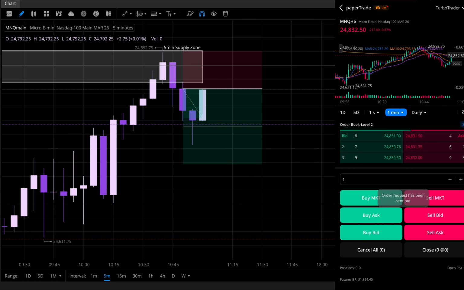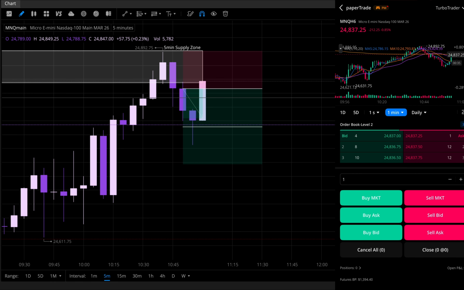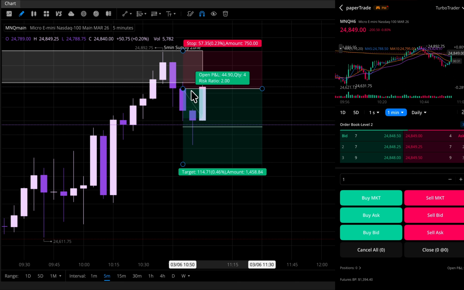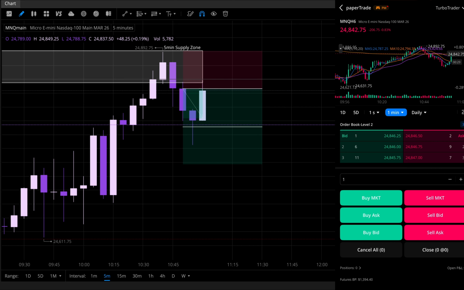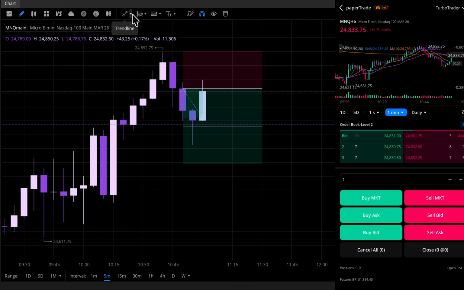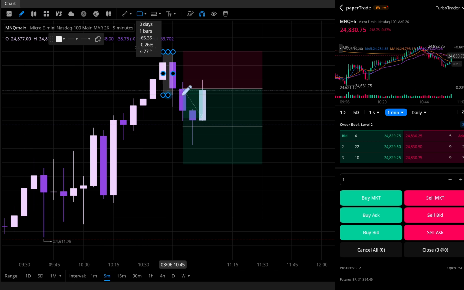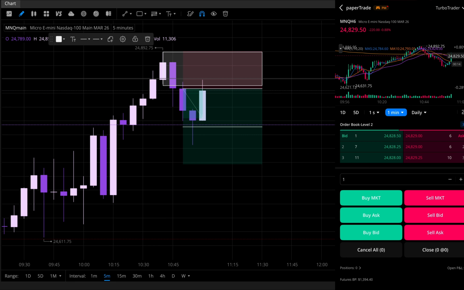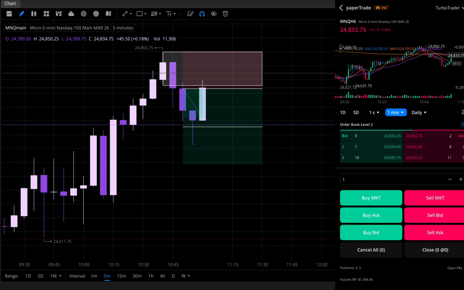I'm out. So we technically only got a 1-to-1 with 1 contract because the other runner basically came back to break even. It looks like it went back to tap this new zone, so it could potentially continue going down.